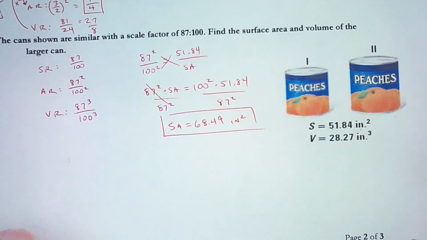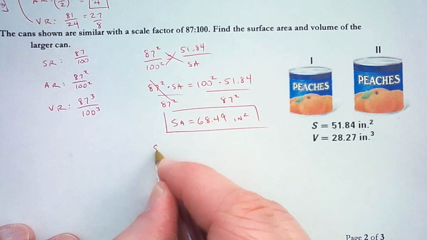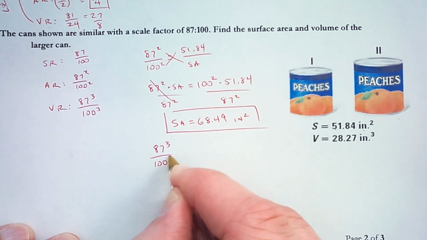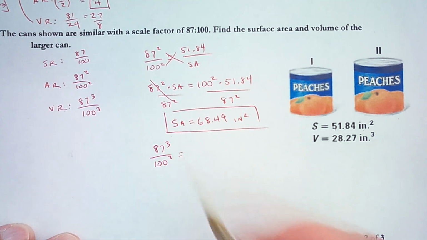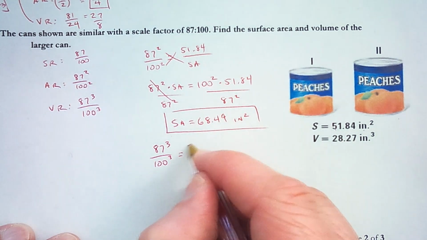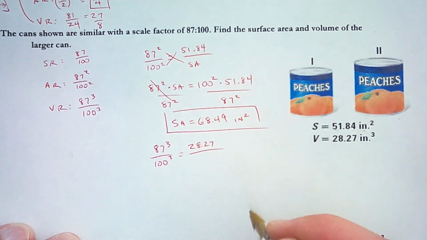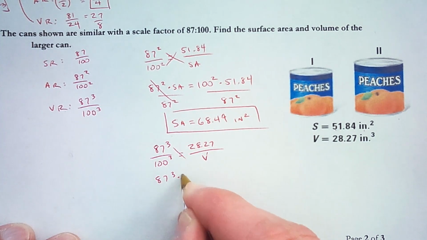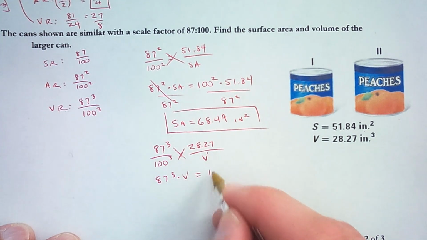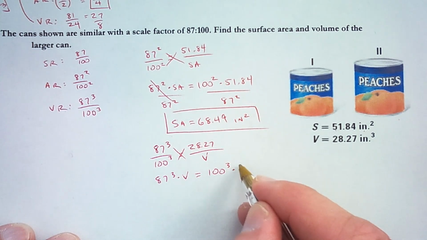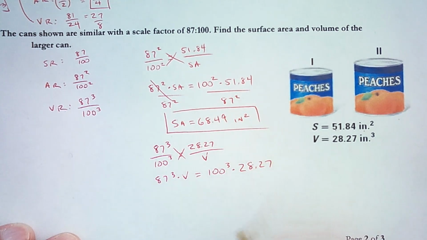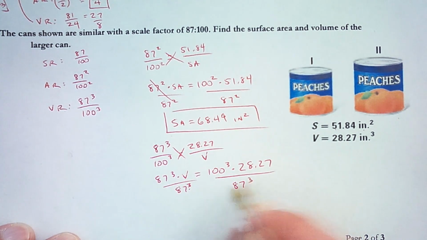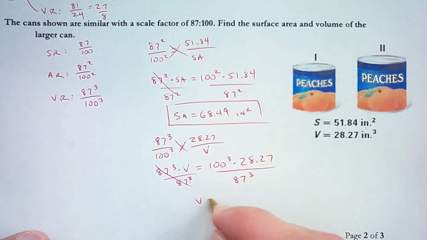Okay, now we'll do the same for volume. So we'll use the volume ratio. 87 cubed is to 100 cubed. So that's smaller over larger, as the smaller volume, 28.27, is to the larger volume that we do not know. Our cross products are 87 cubed times the unknown volume and 100 cubed times the known volume. And we'll divide both sides by 87 cubed to get the volume by itself.